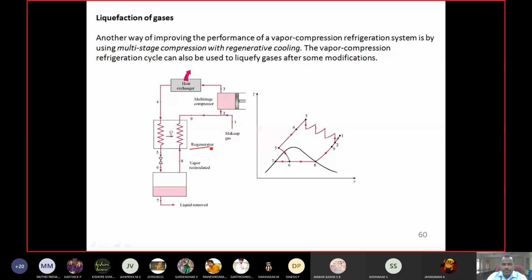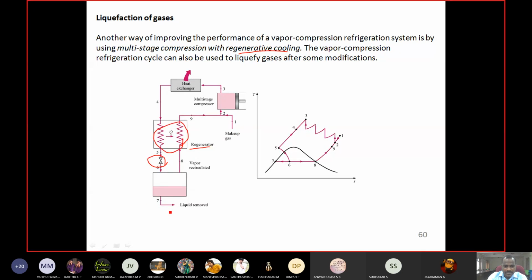Another way to improve the performance of a vapor compression refrigeration system is by using multi-stage compression with regenerative cooling. Just go through the diagram and the TS diagram of these alternate methods of refrigeration. Here we have the regenerator, then we have the expansion device, then the condenser part, right?